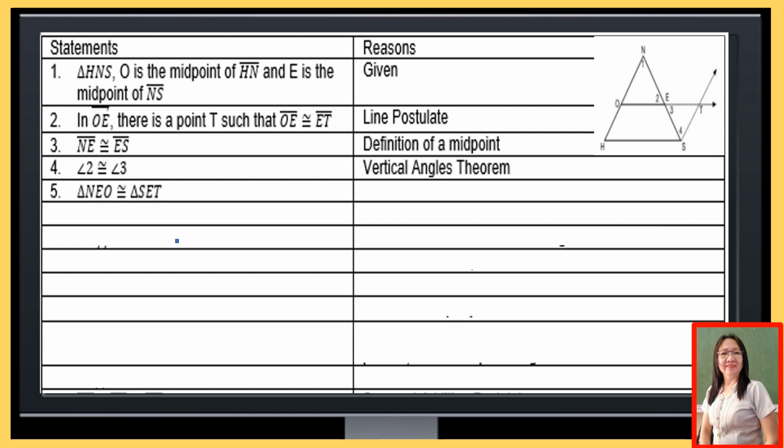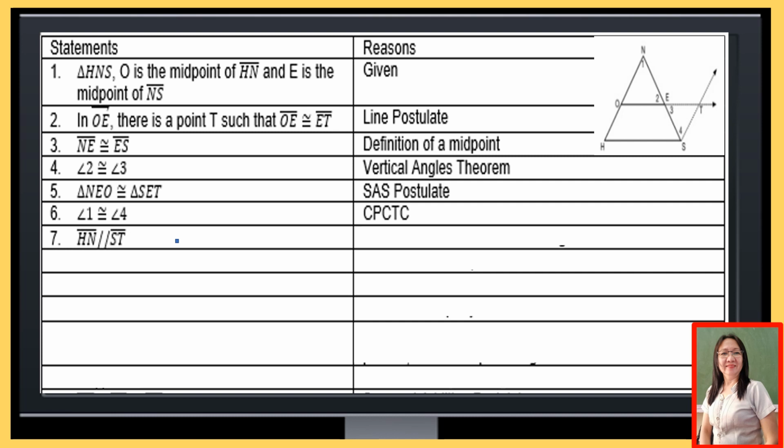Then we can now say that triangle NEO is congruent to triangle SET. Observe that we have two sides and the included angle, so we are going to use the SAS postulate. Then observe that angle 1 is congruent to angle 4. Of course, those are the corresponding parts of our congruent triangles.